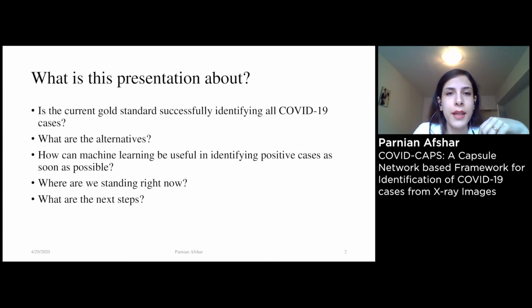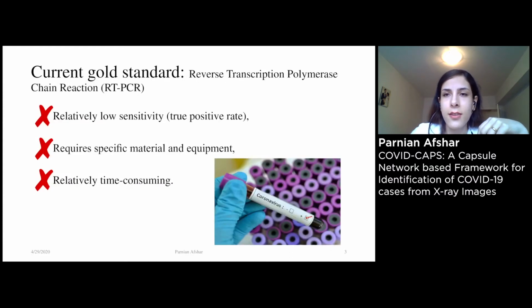So the current gold standard in COVID-19 diagnosis is called reverse transcription polymerase chain reaction, or RT-PCR test. This test, however, has a few drawbacks. First of all, it has a relatively low sensitivity, which means that there's a possibility that we are going to miss some positive cases.